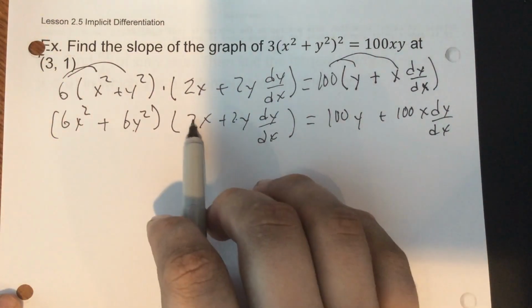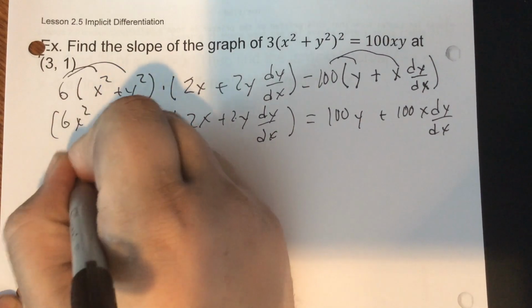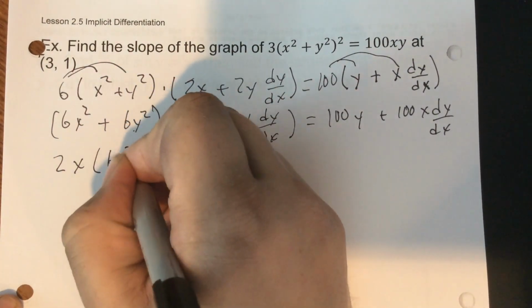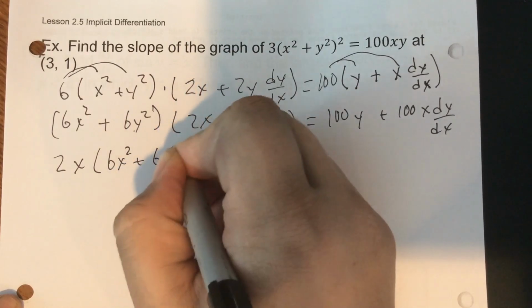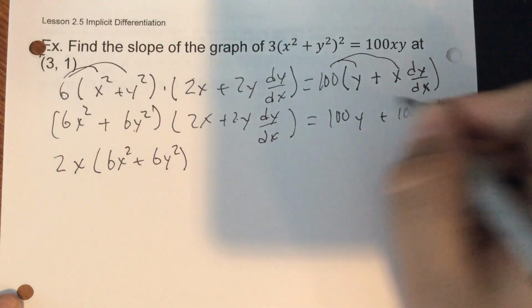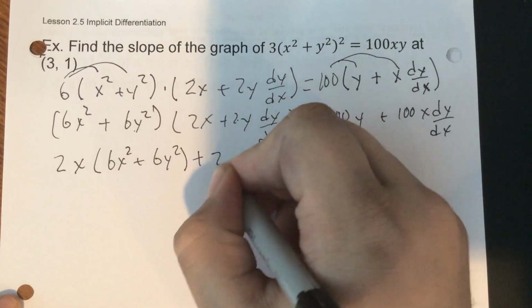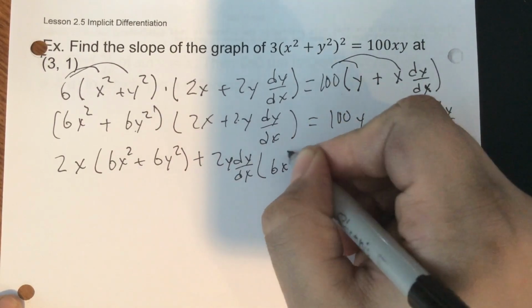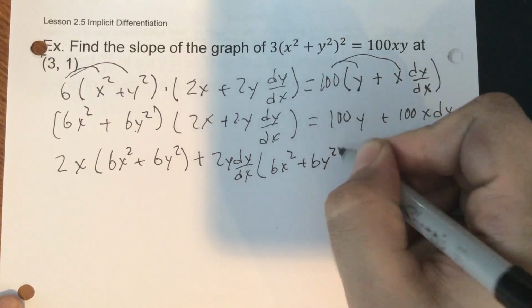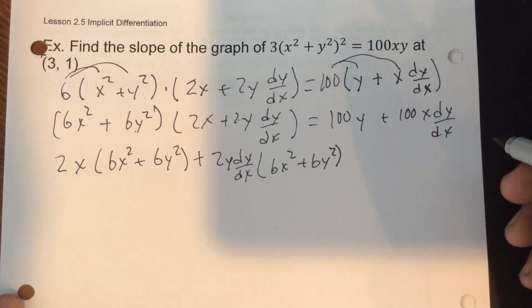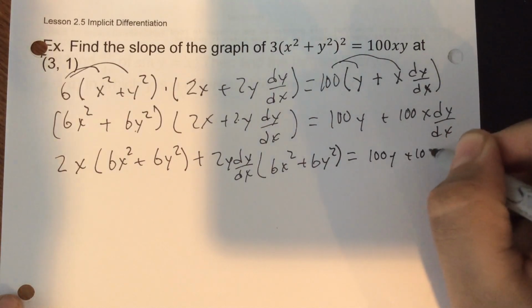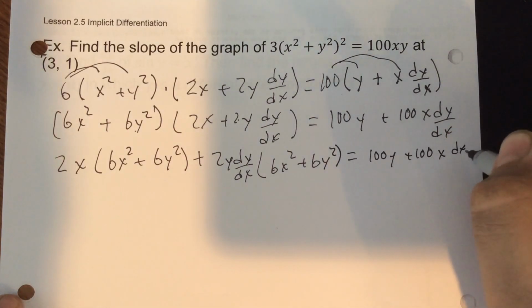So what we're going to have here is the 2x times our 6x squared plus 6y squared, and then our plus 2y dy over dx times the 6x squared plus 6y squared, which is equaling our 100y plus 100x dy over dx.